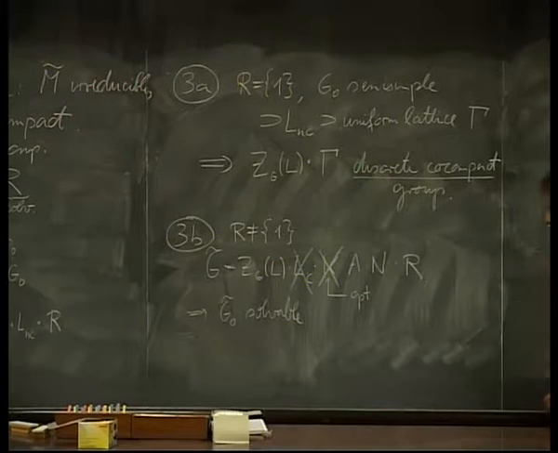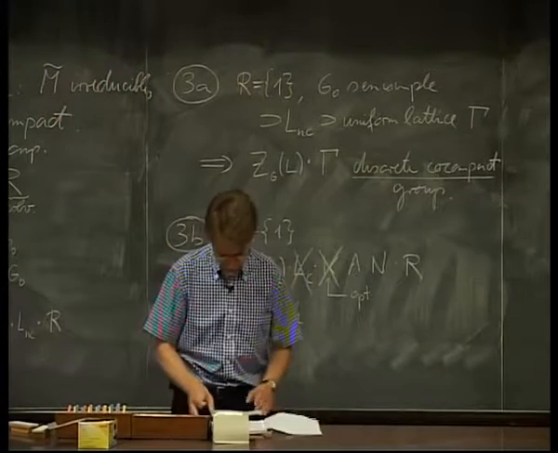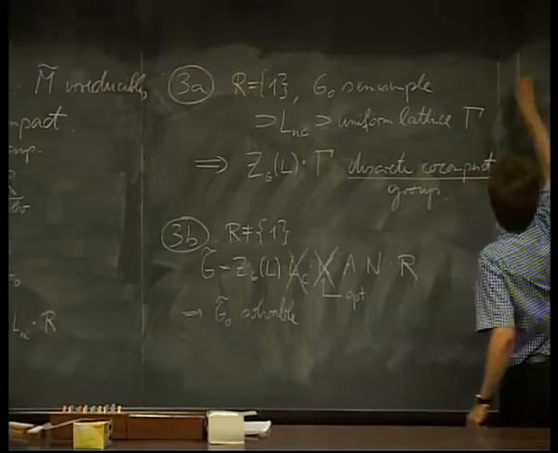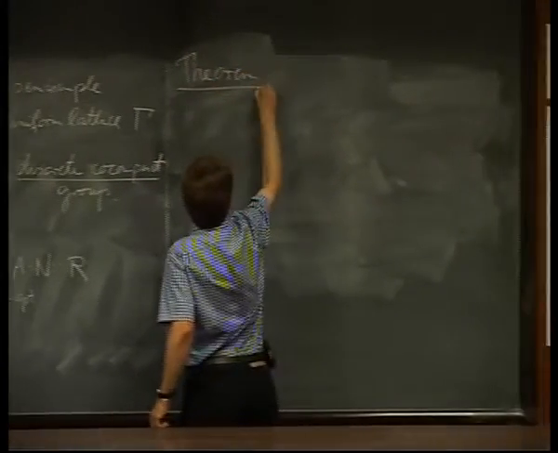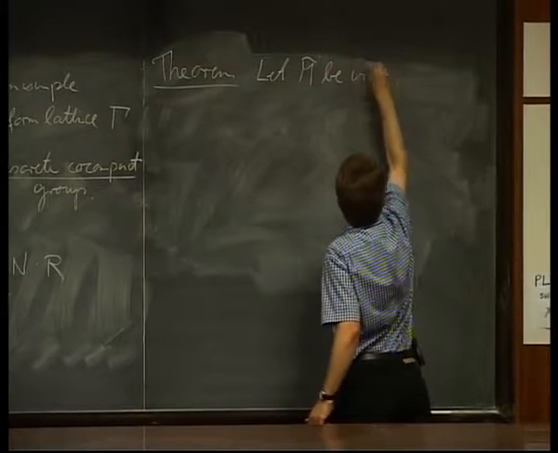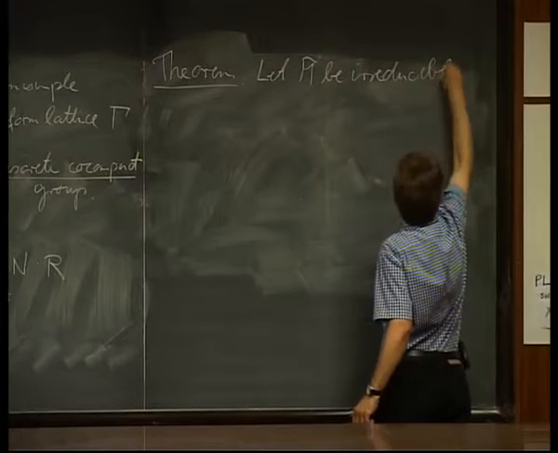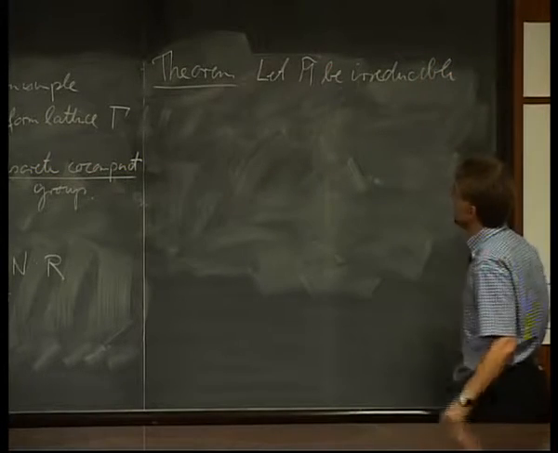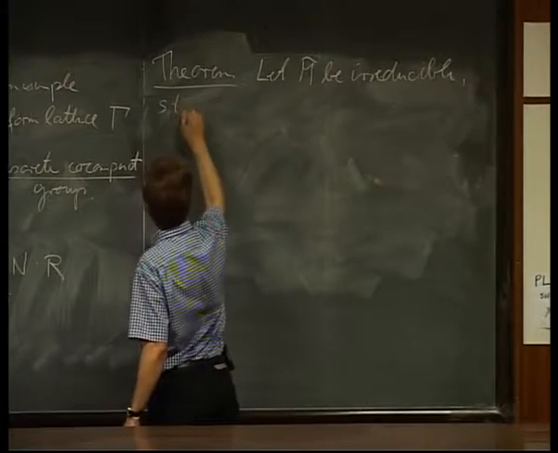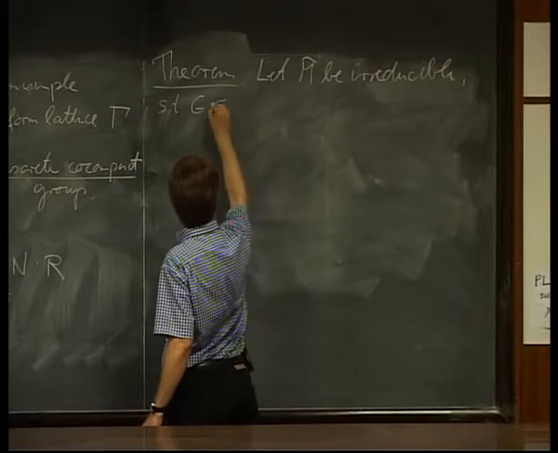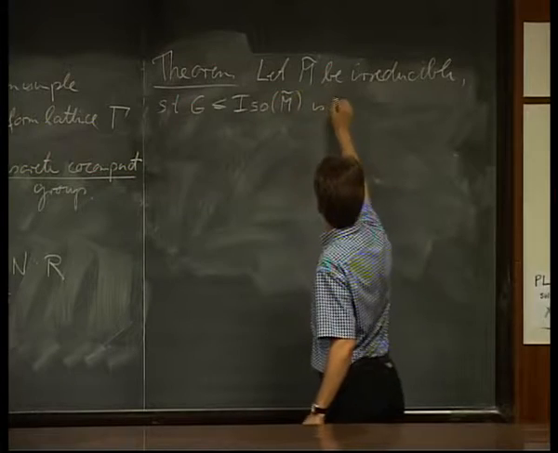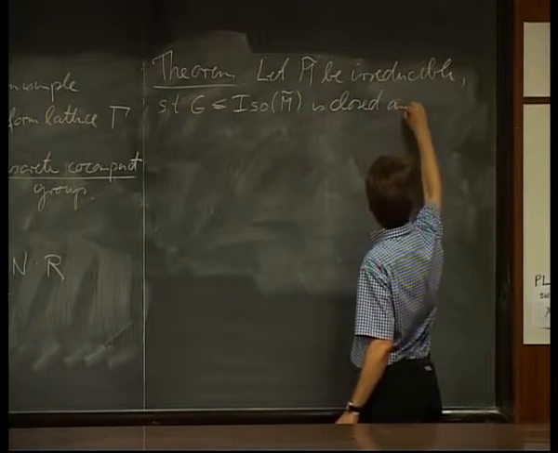Okay, so now I should phrase the theorem. Suppose that an irreducible Hadamard manifold is given such that some subgroup of the isometry group is closed and co-compact.